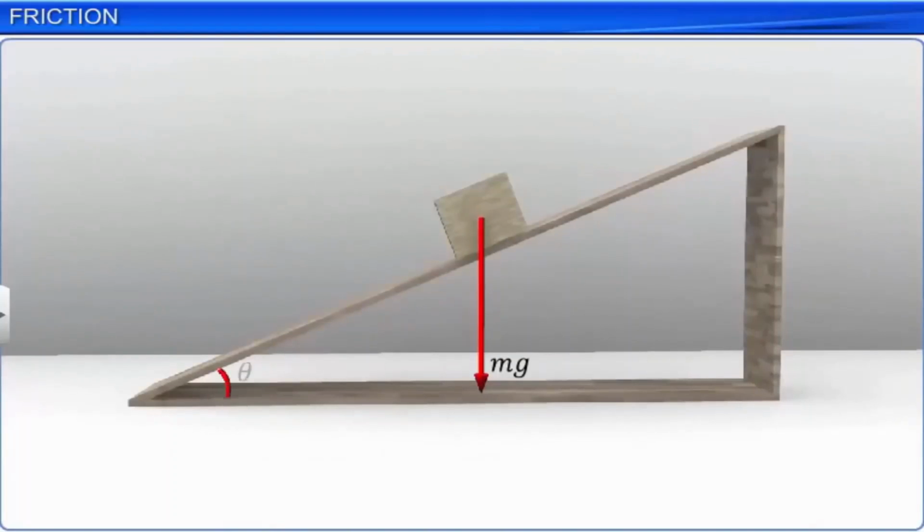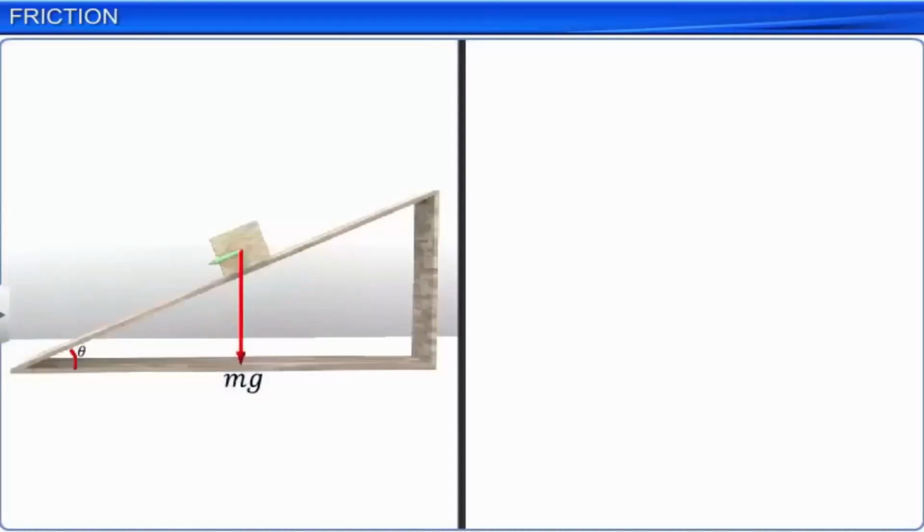If theta is the inclination of the surface with the horizontal, then mg sin theta acts down the plane and the static friction acts up the plane as shown. Thus, mg sin theta is equal to Fs. The normal reaction on the block acts perpendicular to the surface as shown, and it is equal to mg cos theta.